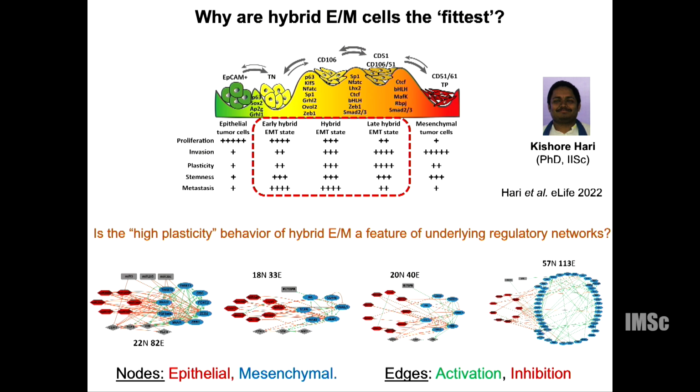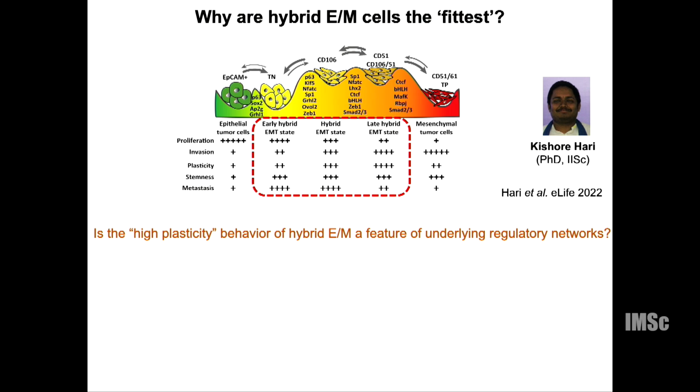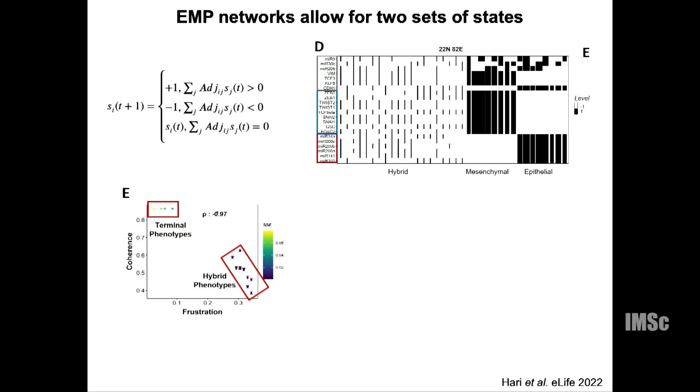Most regulations across epithelial or mesenchymal are inhibitory in nature, shown by red, and most regulations within mesenchymal happen to be activatory in nature. But of course, there will be scenarios when some of these states will not obey this behavior, and they all happen to be hybrid phenotypes. So the hybrid phenotypes are indeed more frustrated, which explains why it is easier for these cells to get out of it.